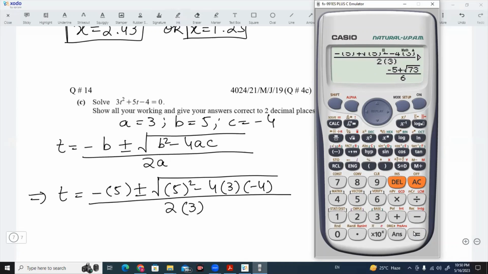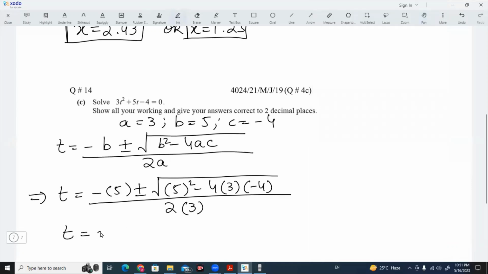Press equals, and you will have your first answer, 0.59. Because we're trying to correct to 2 decimal places, 0.59 is perfect. The third decimal is 0. So t equals 0.59 is the first answer.